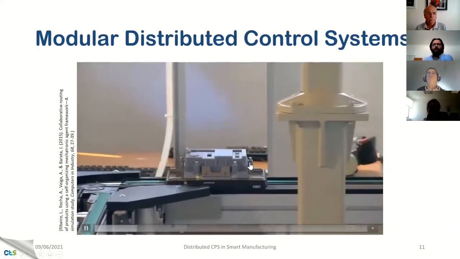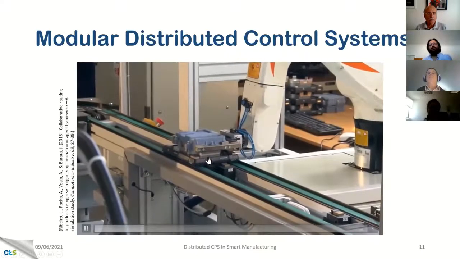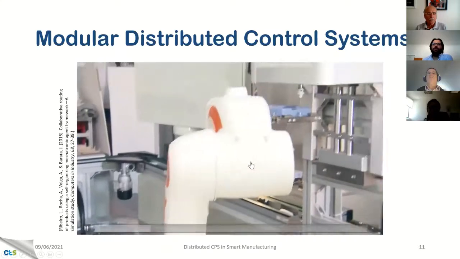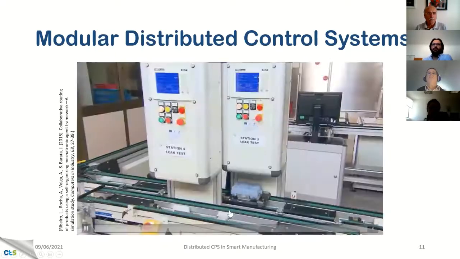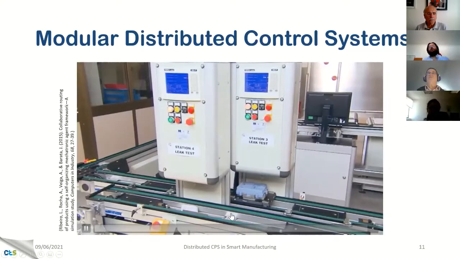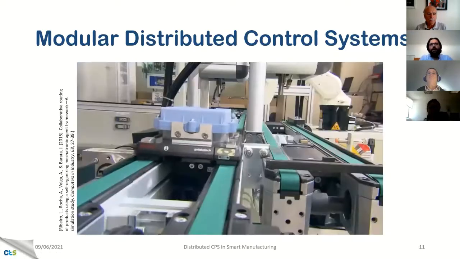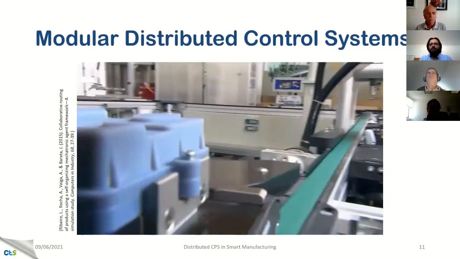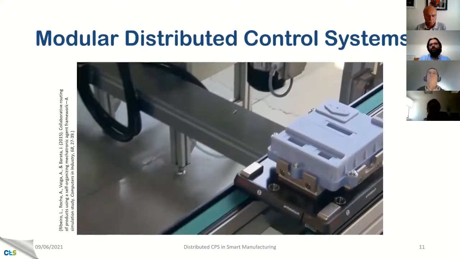For example, this product here traveling in this carrier is abstracted by what we call the product agent. This robot here is abstracted by a resource agent, and so on. And the behavior of the system as a whole comes from this interaction, and not from a standard monolithic approach.